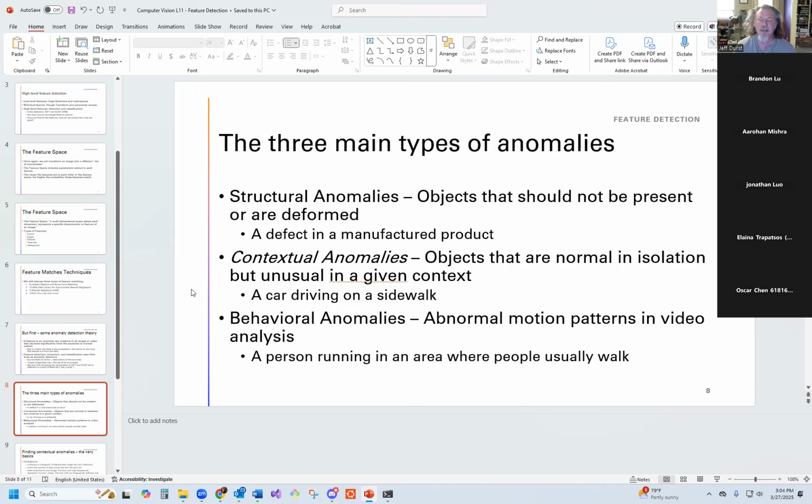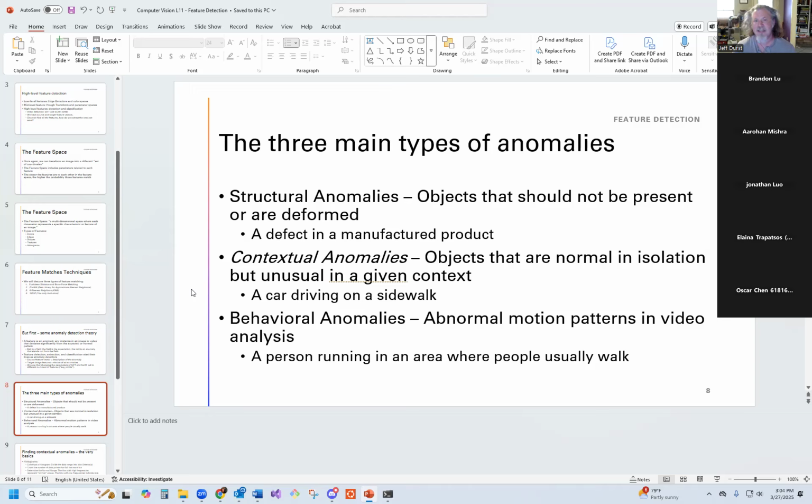where it is. A lot of anomaly detection and a lot of computer vision is based around this idea of context: what things should be where they are and what things should not be where they are. However, we don't necessarily need to think about this as something unusual as to where it is.